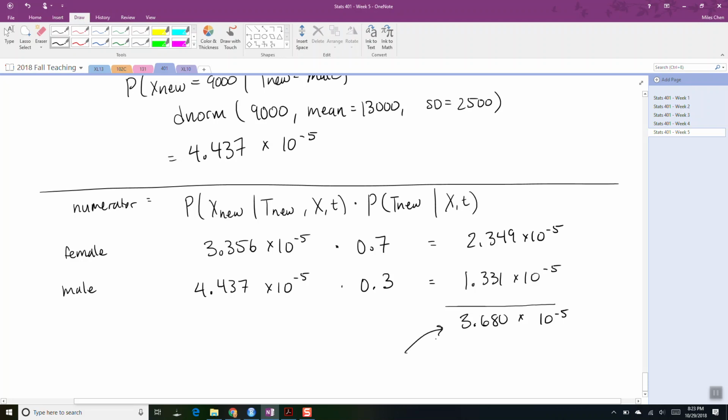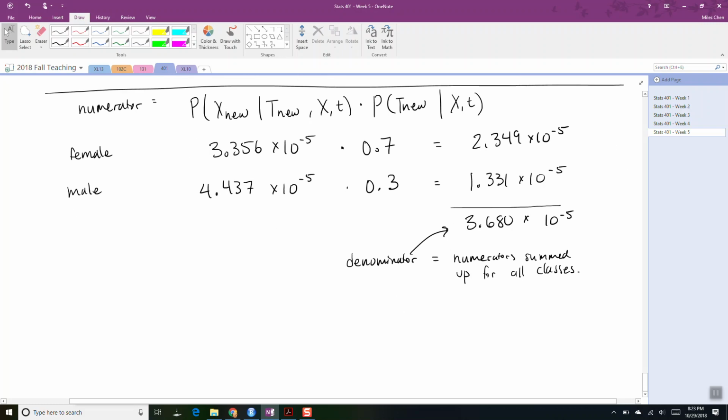So this is going to be our denominator. The denominator is equal to the numerators summed up for all classes. Okay. All right. So basically, I just have to normalize these values. So then the probability for females will be 2.349 divided by 3.68.